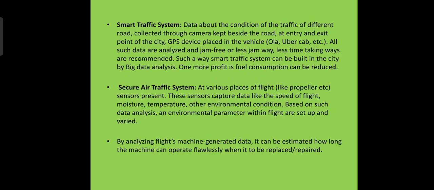Smart traffic system: data about the condition of the traffic on different roads is collected through cameras kept beside the roads at the entry and exit points of the cities, and through GPS devices placed in vehicles like Ola, Uber cabs, etc. All such data is analyzed to find jam-free or less jammed ways, the ones that take less time, and those are recommended. In this way, a smarter traffic system can be built in the city by big data analysis.